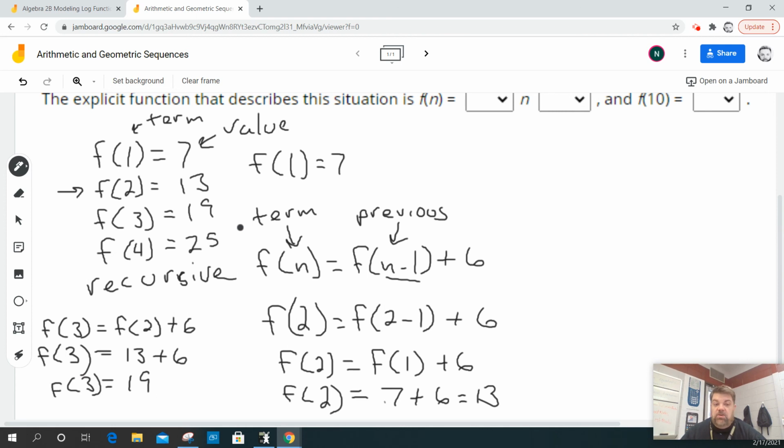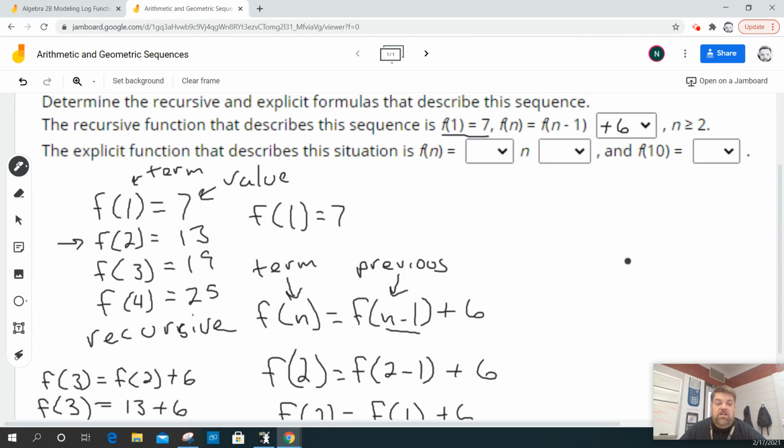Now, explicit notation is trying to find an actual formula, right? So this is like what you guys are accustomed to. What's my f of n? Well, my f of n is going to be equal to the common difference, which is 6, times n, right?